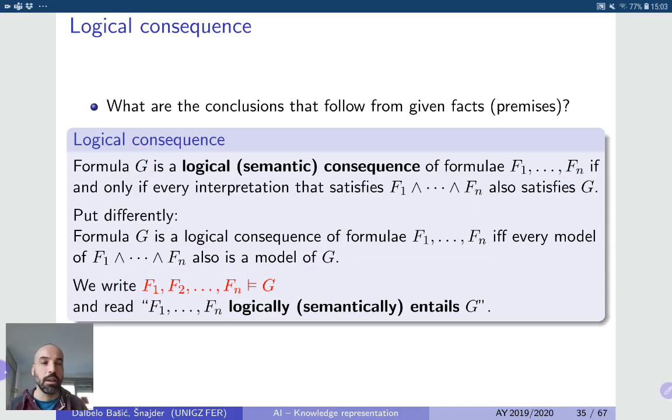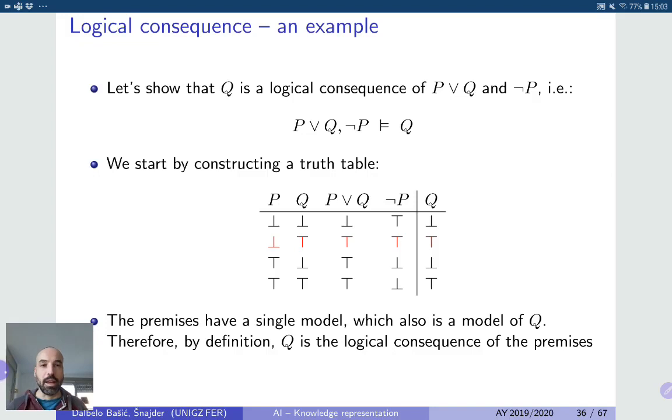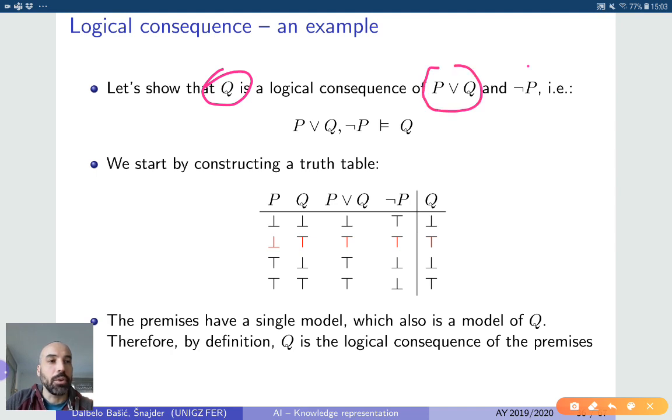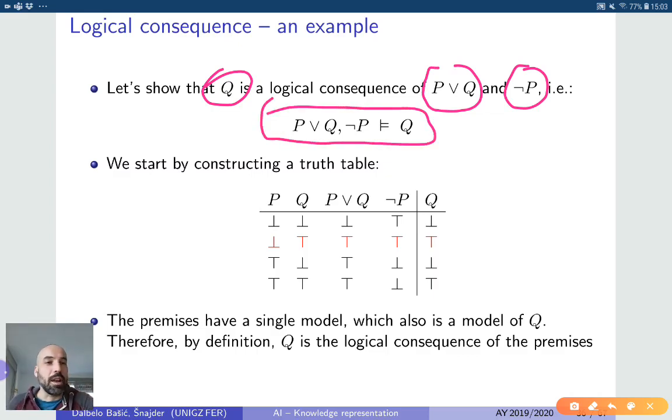I hope it makes halfway at least sense. Now let's look at an example. I'd like to be able to show that Q is the logical consequence of two formulas, P or Q, and not P. Now let's come up with an example ad hoc.